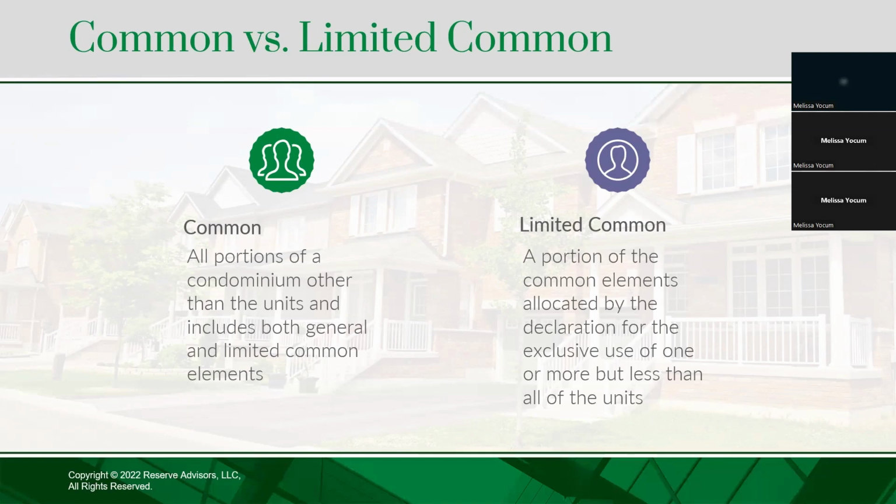So while the association as a whole maintains it, every homeowner doesn't have access to every individual balcony. Now, if it is commonly maintained, whether it's general common or limited common, that is something that should be included in the reserve study, regardless of use access.